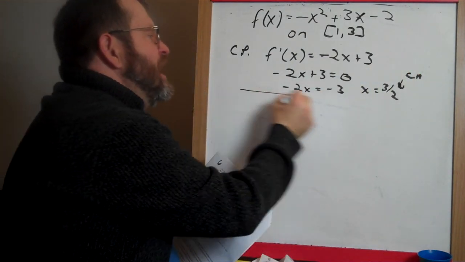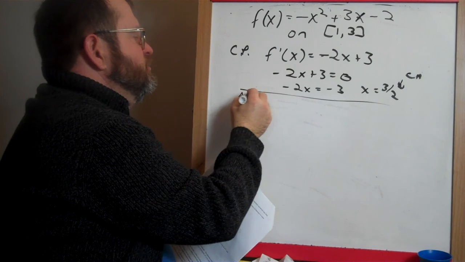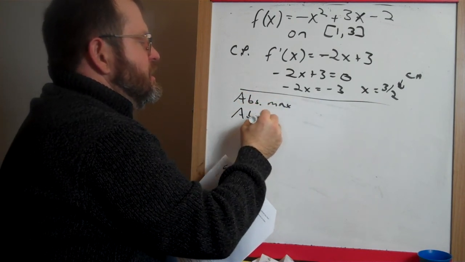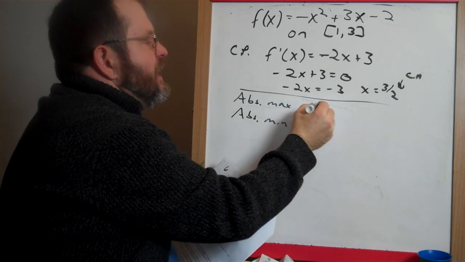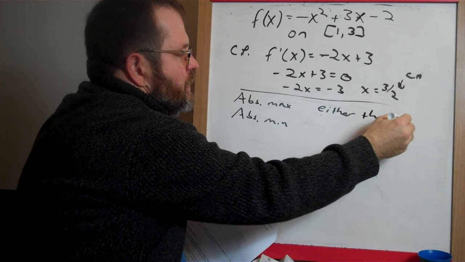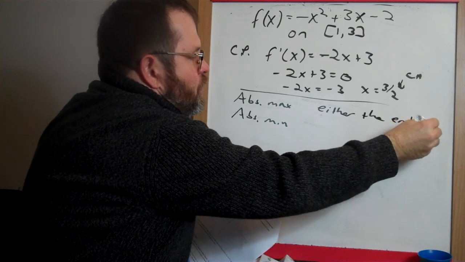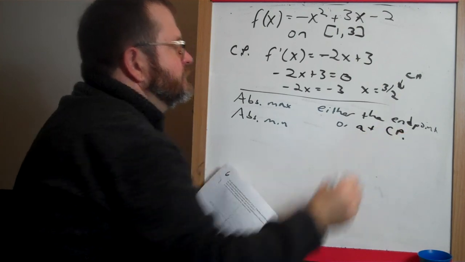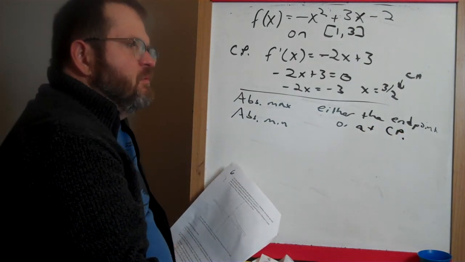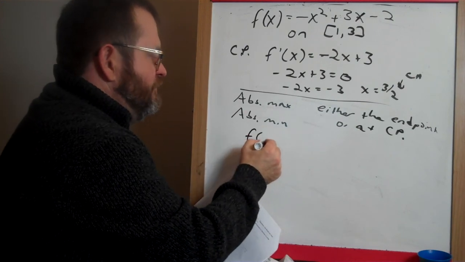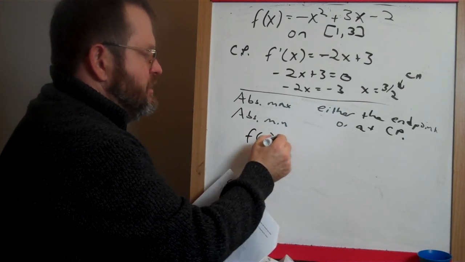So now our absolute maximum and our absolute minimum have to be at either the endpoints or at the critical point. There won't be so many of these places. Just plug them in. Find f of that first endpoint, which was 1.